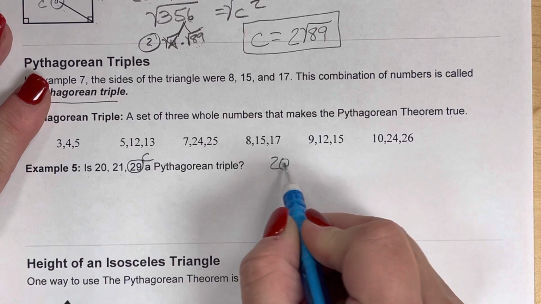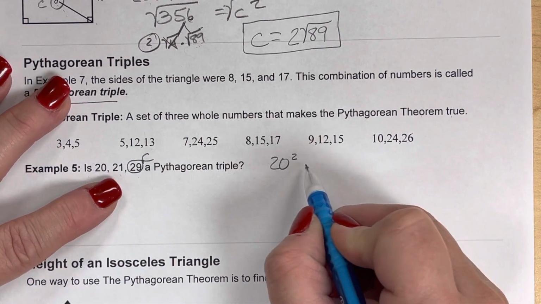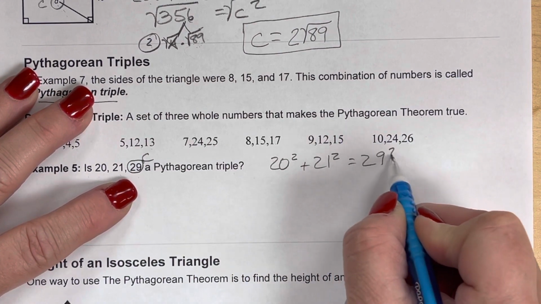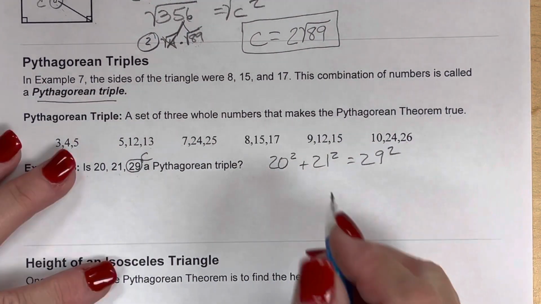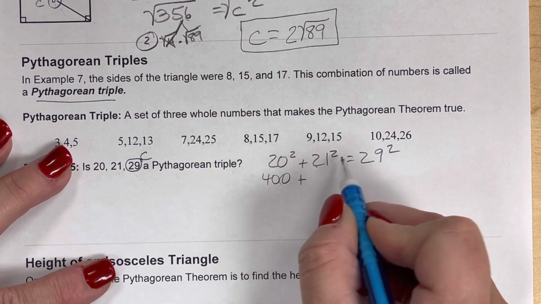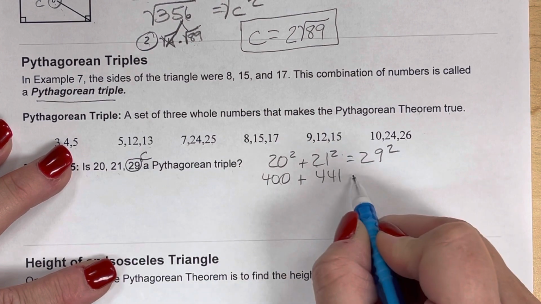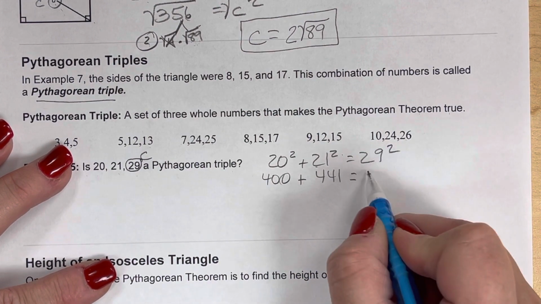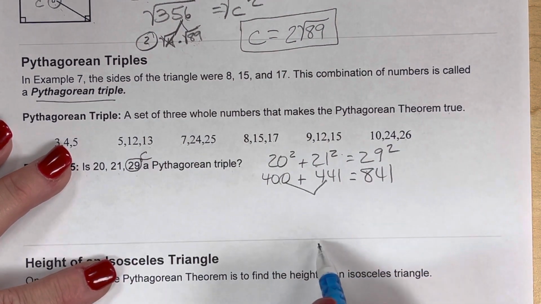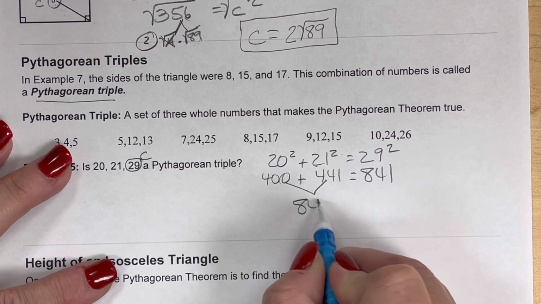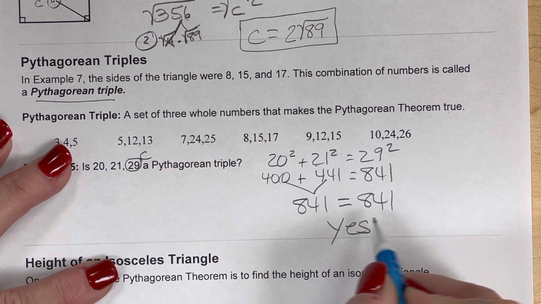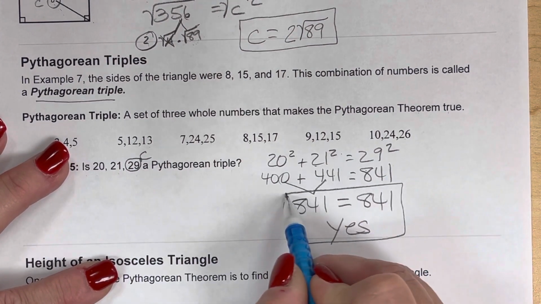But now you're going to see, does it make a true statement? 20 squared plus 21 squared equals 29 squared. 20 squared is 400 plus 21 squared is 441 equals 29 squared is 841. 400 plus 441 is 841. That does equal 841. So yes, this is a Pythagorean triple.